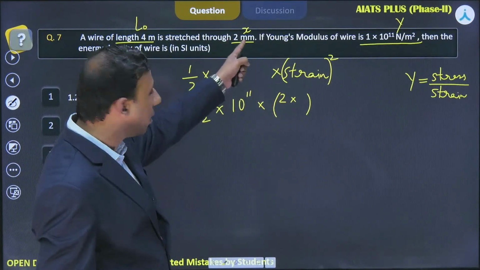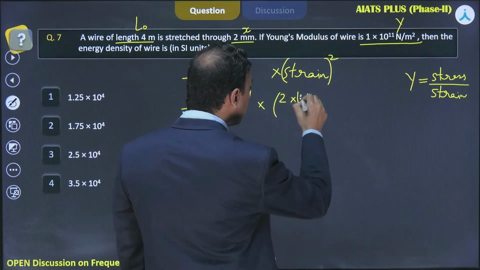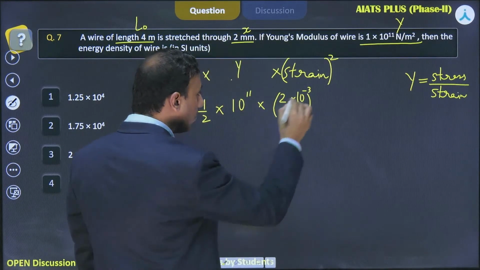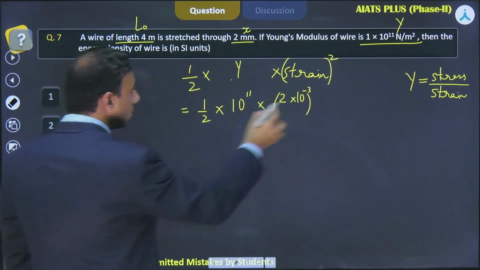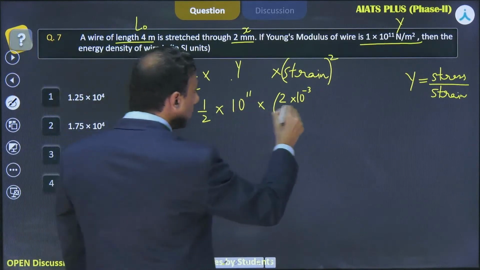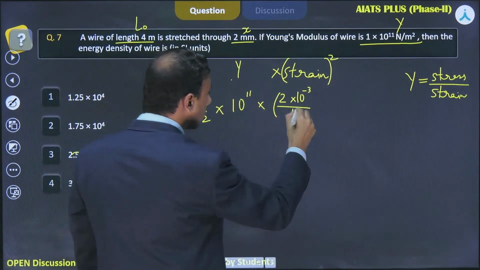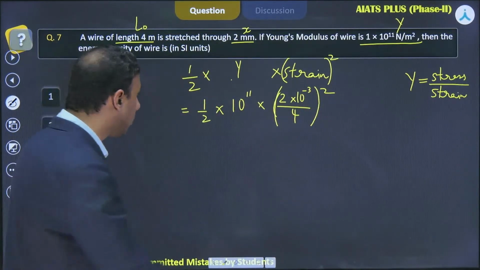So 2 mm in meter becomes 2 into 10 power minus 3, upon original length. Original length is how much? 4 meter, right?